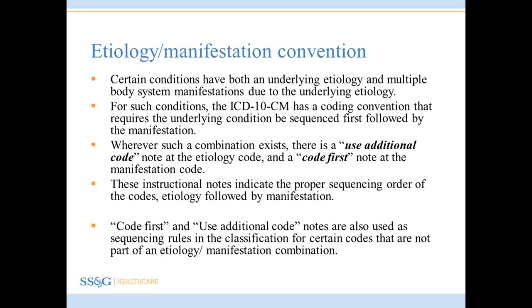Now remember the brackets again. The alphabetic index is going to give you an example within the brackets when you go to look up the code. So that's going to be your first clue as your guide.